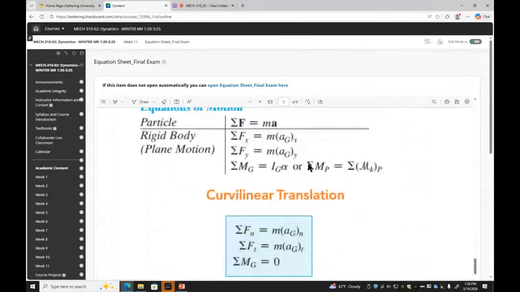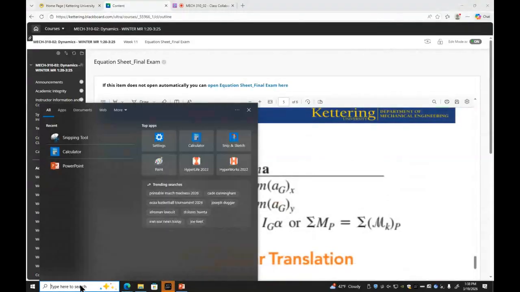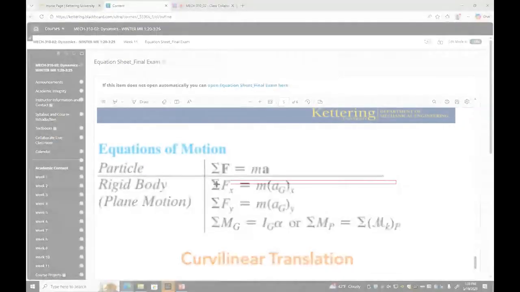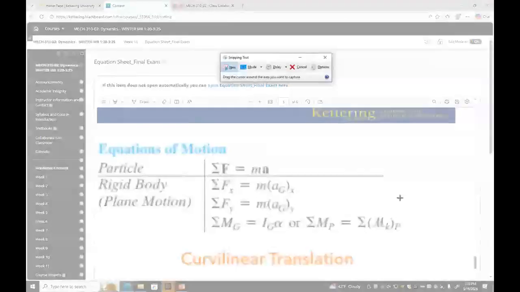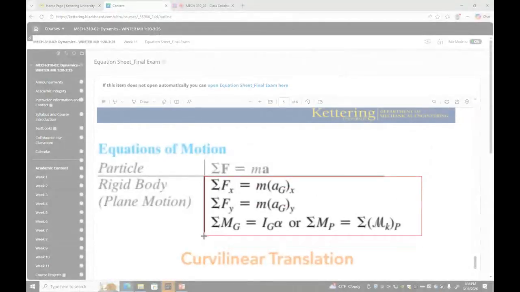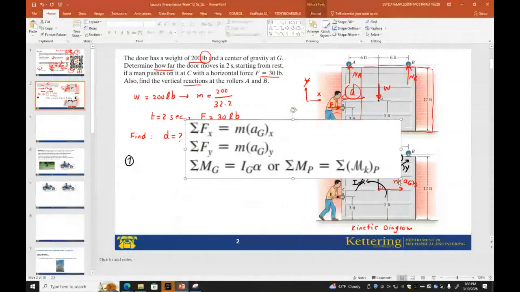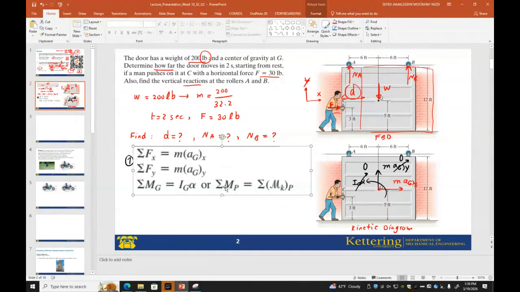I want to capture it and bring it for you. I will use these three equations.